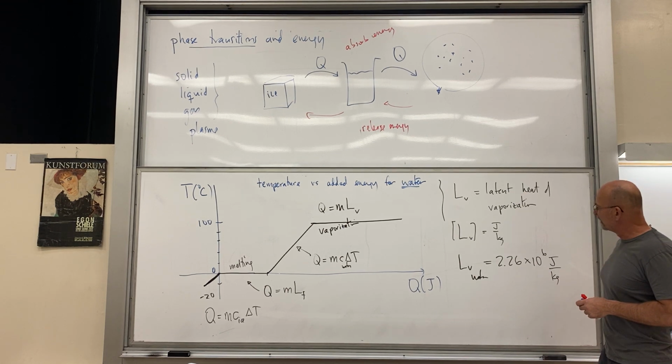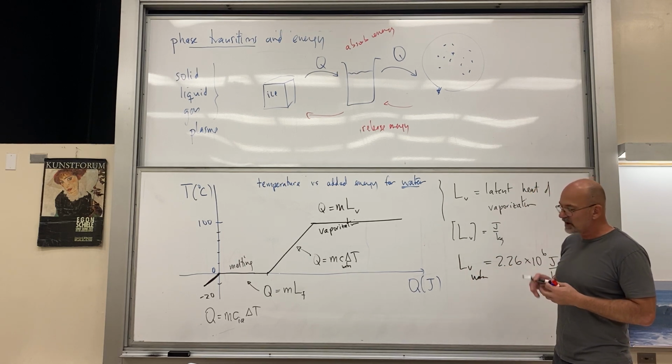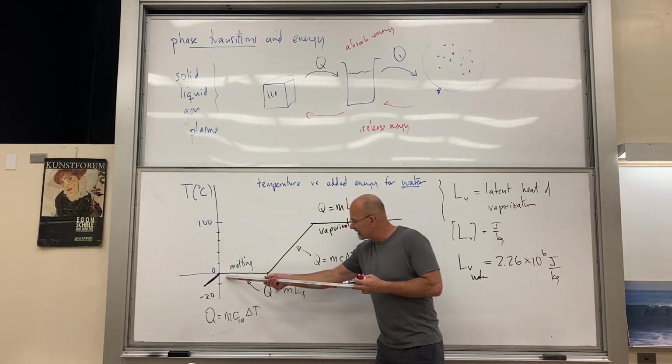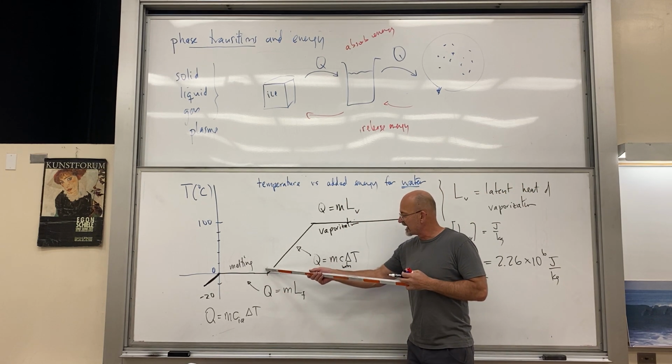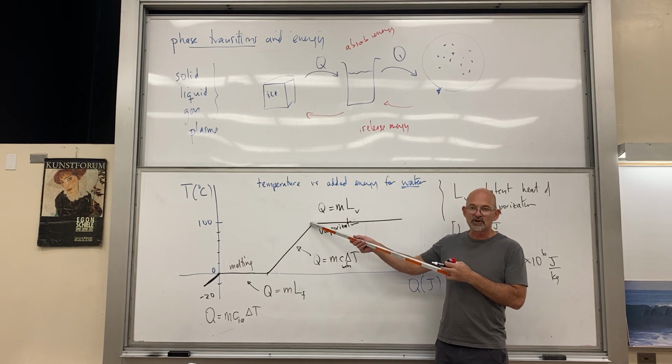Now, since these were just numbers, I want to make an important number comparison. I want to compare the amount of energy it takes to melt the ice to the amount of energy it takes to heat it up from 0 degrees to boiling temperature, which is 100 degrees.